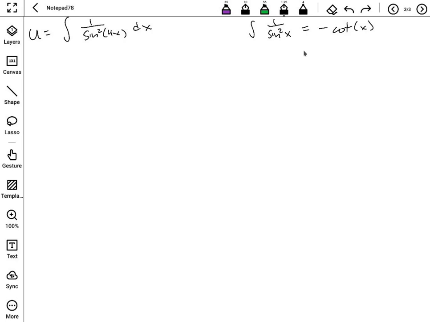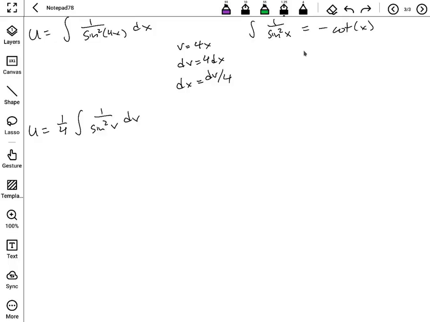So in this case, I'm going to do another v sub. v is 4x, so dv is 4 dx, or dx is just dv over 4. So u is going to be the integral of 1/4 times 1 over sine squared v dv.